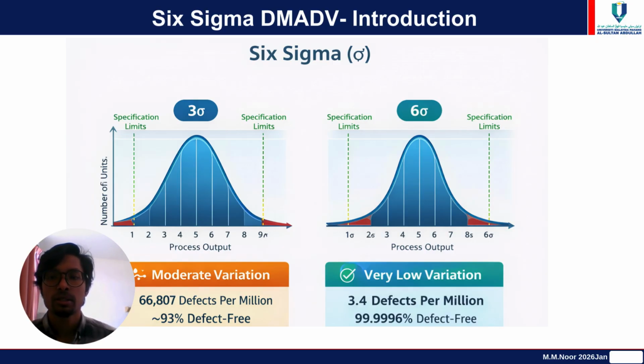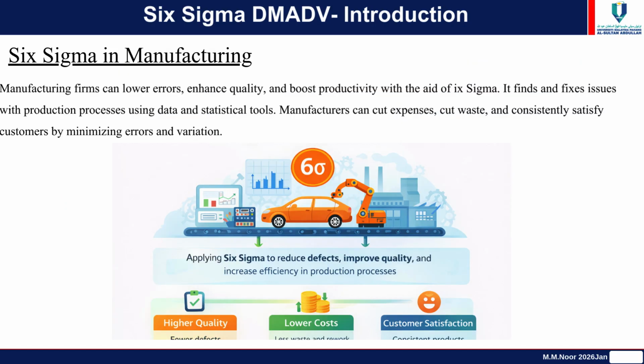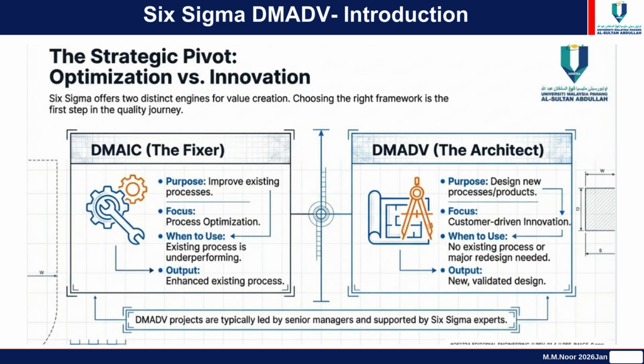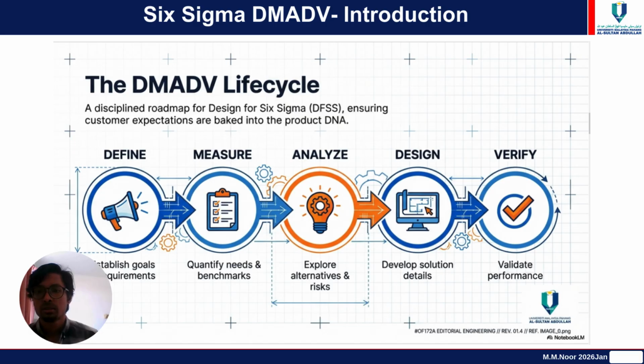Within Six Sigma, there are two methods. DMAIC is used to improve existing processes.